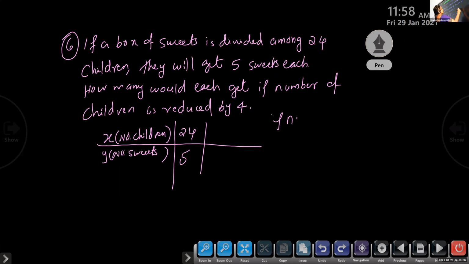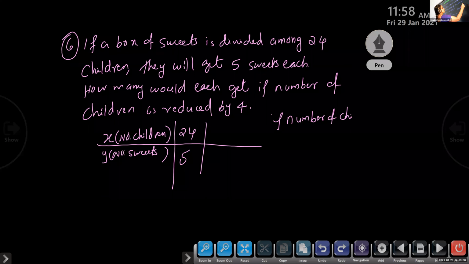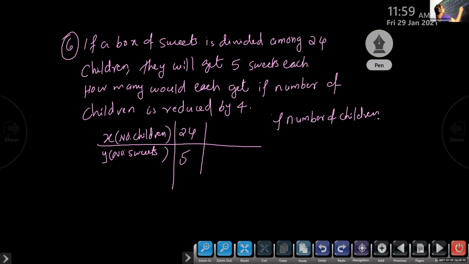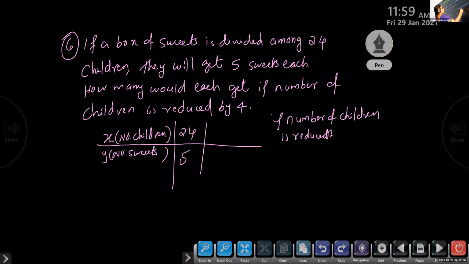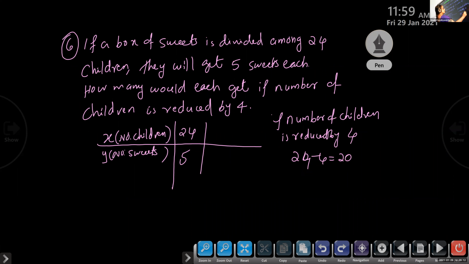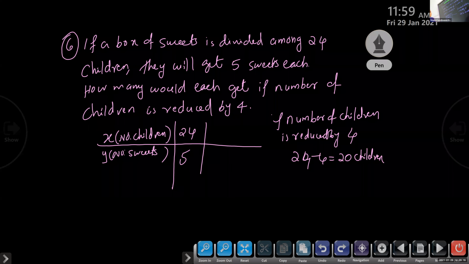The number of children is reduced by 4. We have 24 minus 4, which is 20 children.